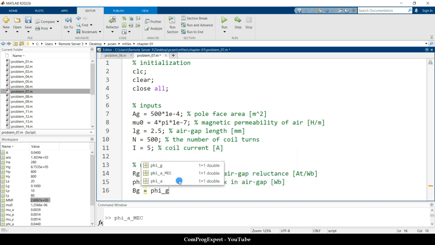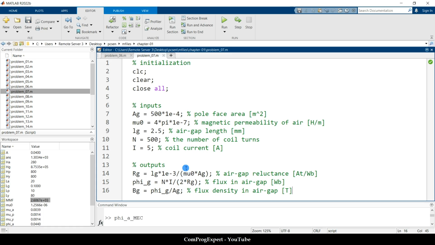That is phi in the gap divided by this area. This is the flux density in air gap. The unit is Tesla. So let's run.